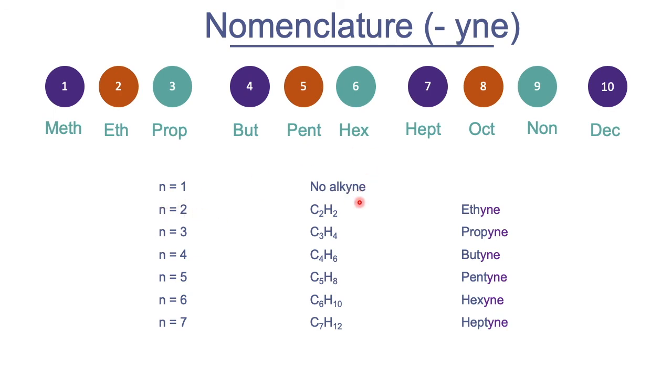For n equal to 2, we have C2H2. C2 corresponds to eth, so it is ethyne. C3H4, 3 carbon atoms, so that's prop, and that with the suffix "-yne" becomes propyne. C4, but plus suffix "-yne", butyne. Similarly, you go on to pentyne, hexyne, heptyne, octyne, nonyne and decyne.